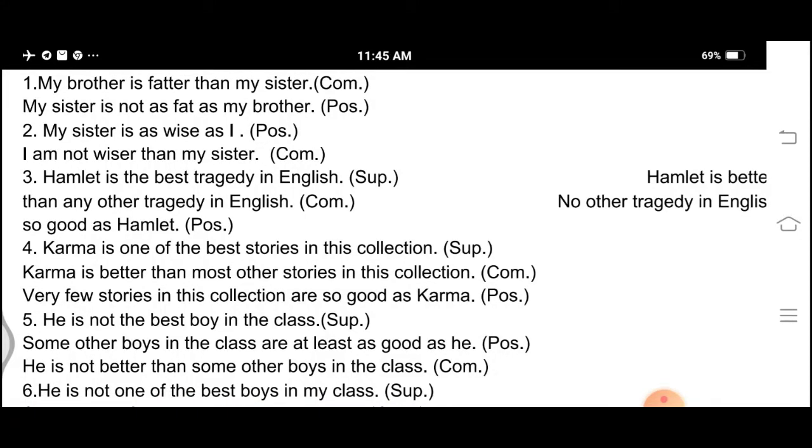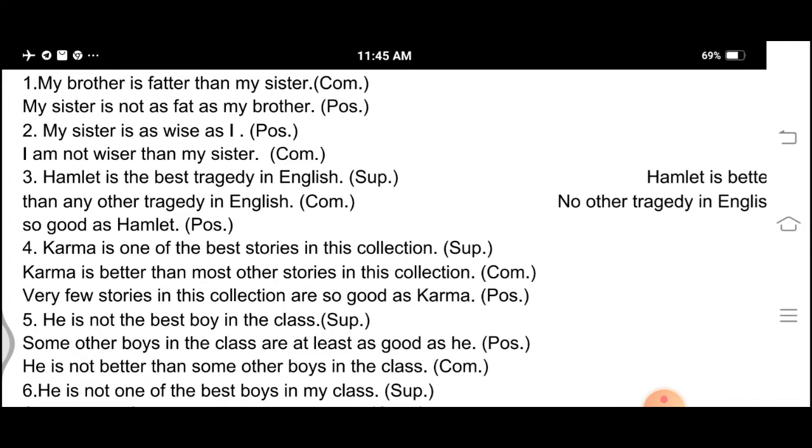Either you will be given a positive or a comparative or a superlative, and it is said that you have to change the degree of this particular sentence. Then you would be free to change from positive to comparative or superlative.